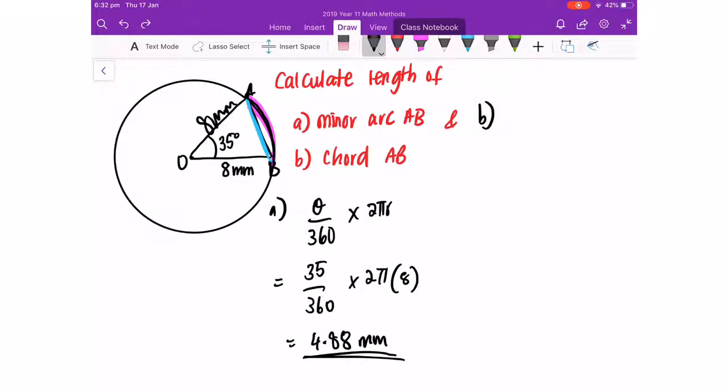So if you've looked at my previous videos, we would have done sine and cosine rule. And so I can use one of those. Based on my knowledge, if I've got two sides and the included angle, I can use the cosine rule.